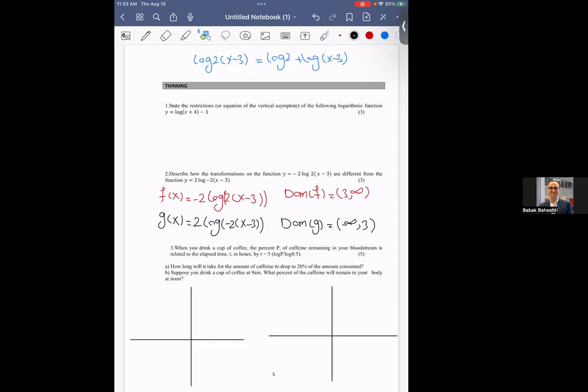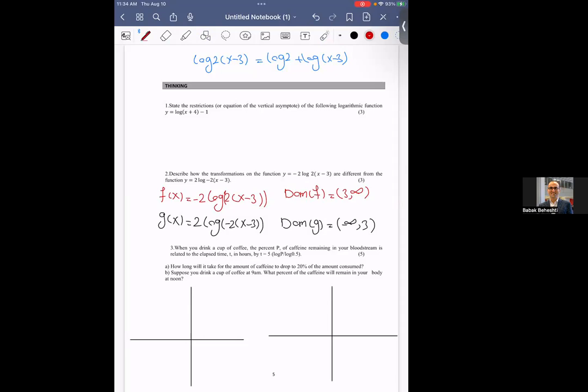So first one, you have minus 2 times log of 2 times x minus 3. So what is first? Log of x minus 3. You know that the vertical asymptote of log is x equal to 0.